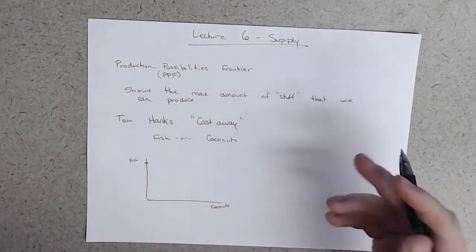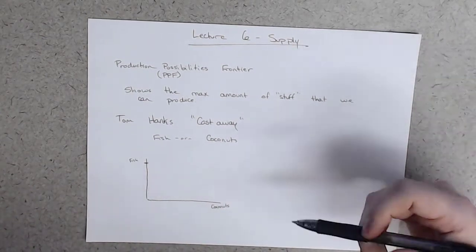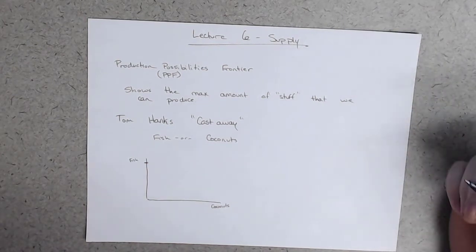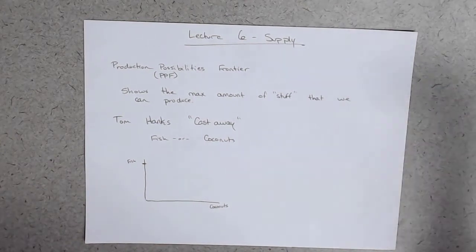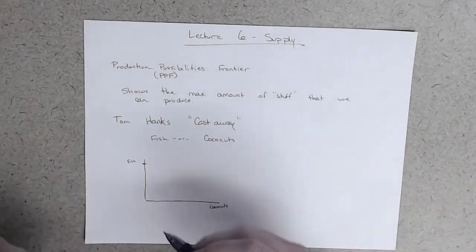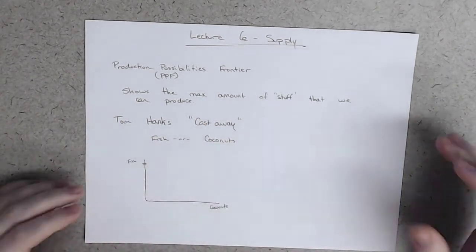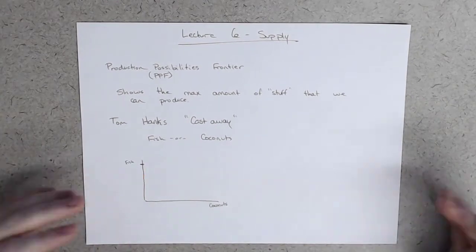Okay? And then he says, I think that I would like to have some coconuts. I'm getting a little bit tired of eating just fish, and some coconuts might be the variety that makes up the spice of my life. Okay? And so Tom Hanks says, okay, I'm going to spend a little bit less time fishing and a little more time harvesting coconuts.